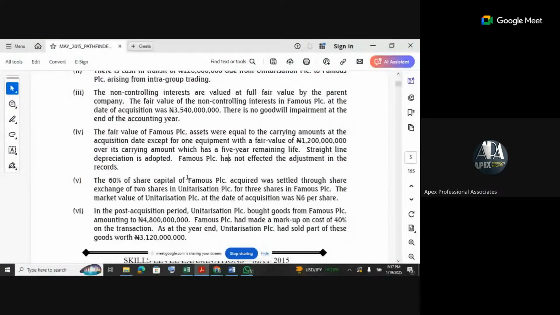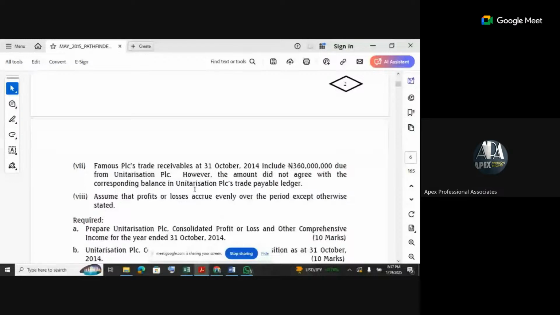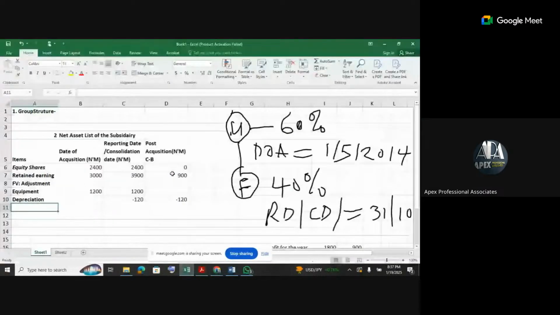So we'll go back to this question again. The next thing that would possibly come is your unrealized profit. If there is any sales between the parent and the subsidiary, you would have what we call the unrealized profit. If it is the subsidiary that is selling, you can adjust the unrealized profit from here.